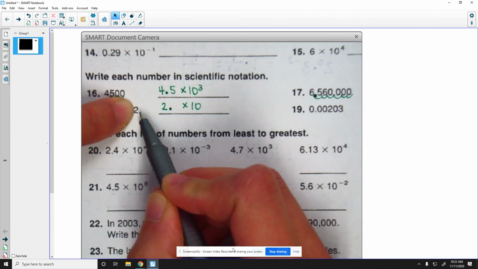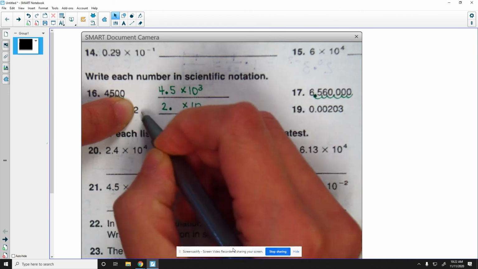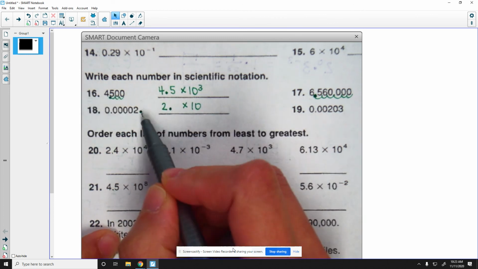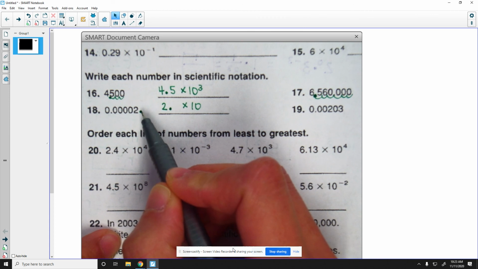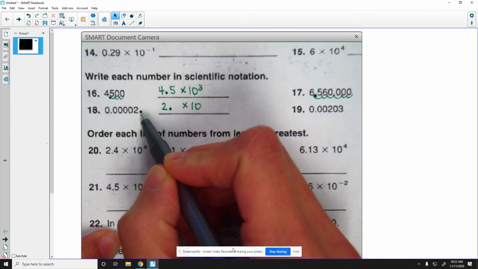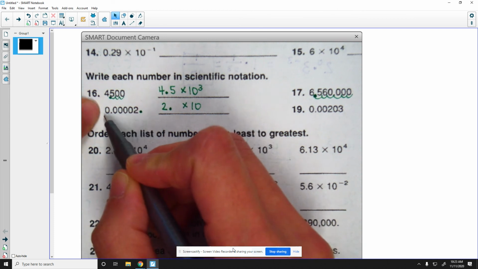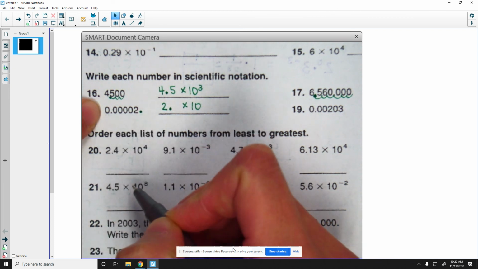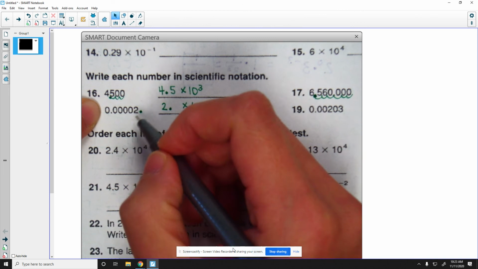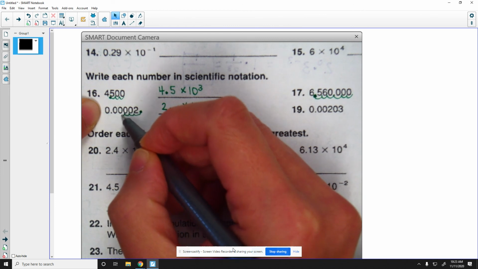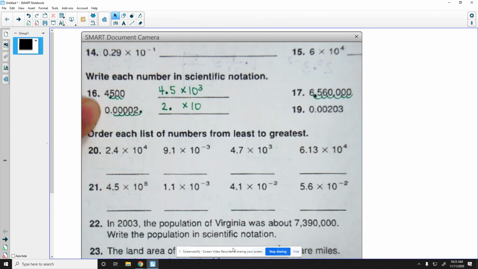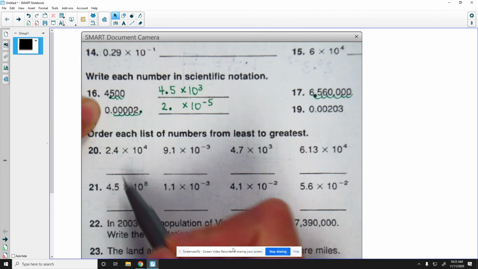It's good to know that if you have a whole number, the decimal is always after it. So it's not 0.2, it's 2 point. Then go backwards. You're not going backwards to the very end of the problem, you're going backwards to your original decimal. So I'm going 1, 2, 3, 4, 5. Just 5 loops, right? Not 6, 5. So it's 2 times 10 to the negative 5 because I'm going backwards.